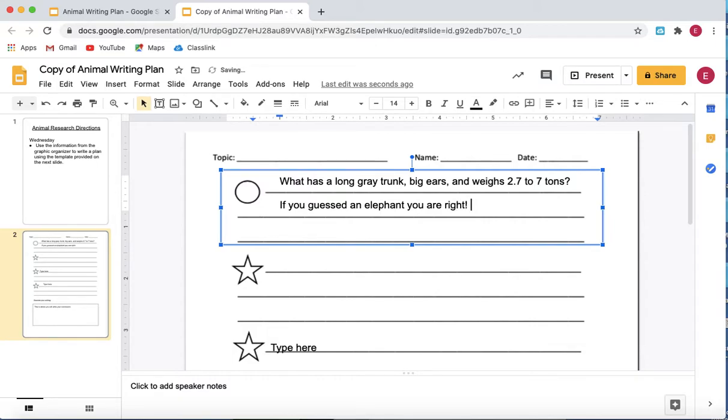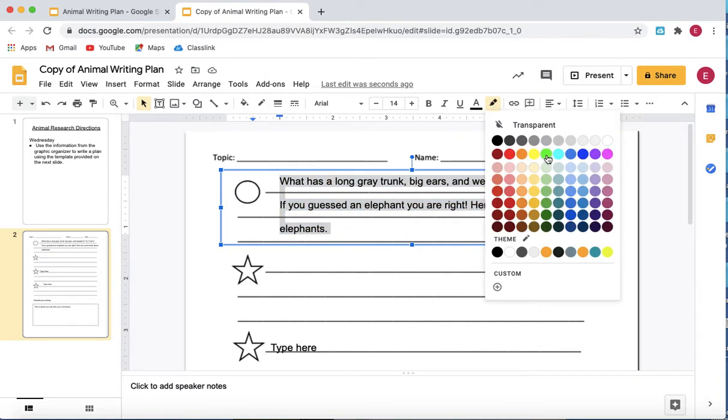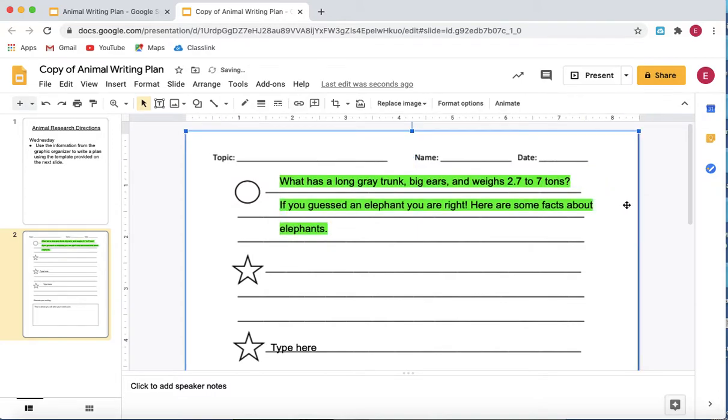Then I'm going to end my topic sentence with, here are some facts about elephants. Okay, that should be right. All right, then I'm going to get in the habit of just highlighting this and make it green. You can do this if you'd like, because I know that topic sentences we always highlight them green.